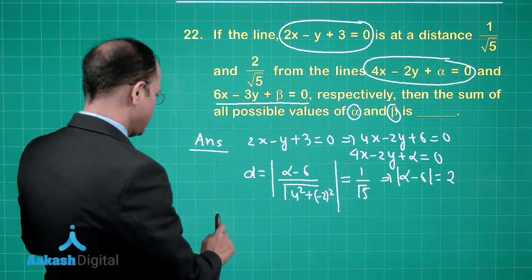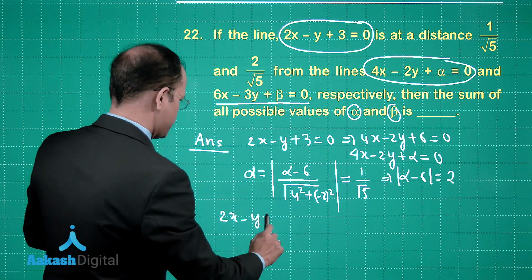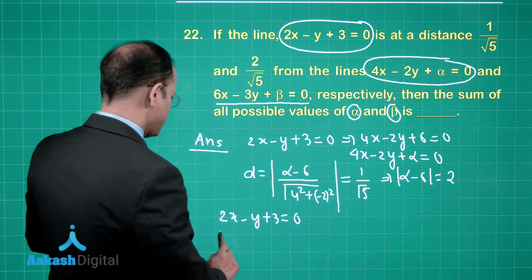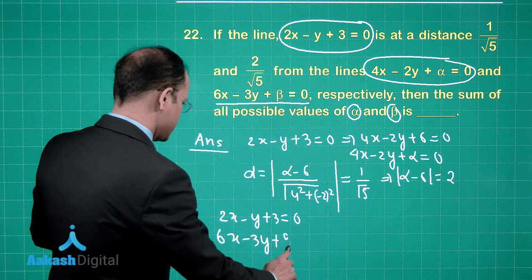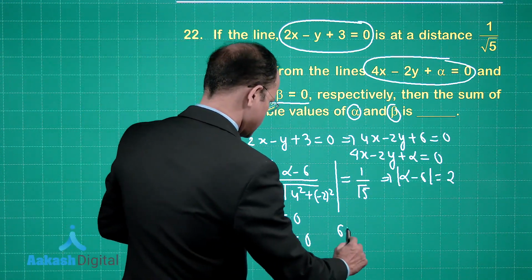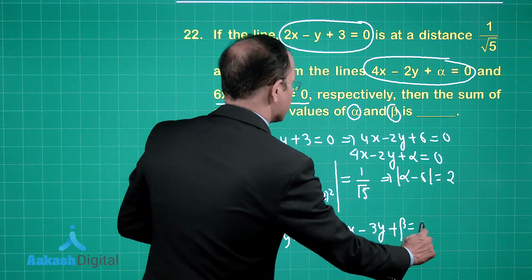So same thing, we have been given 2x minus y plus 3. We multiply by 3, so this is coming out to be 6x minus 3y plus 9. And also this line is given to us, that is 6x minus 3y plus beta is equal to 0, right?